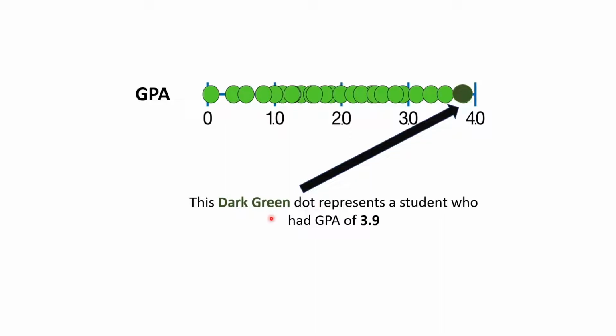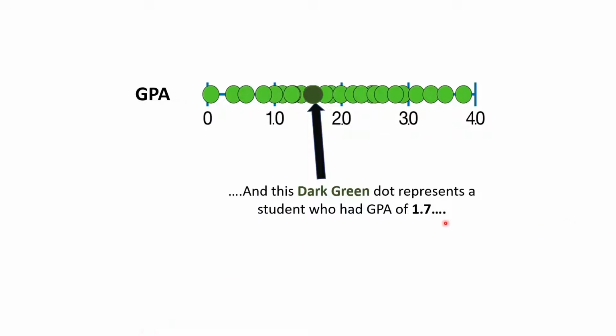To clarify even more, this dark green dot represents a student who had a GPA of 3.9, with the maximum GPA possible being 4, right? And this dark green dot, this one, represents a student who had a GPA of 1.7.